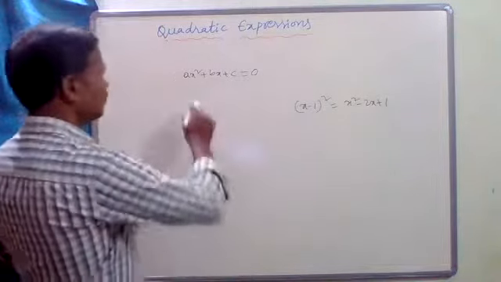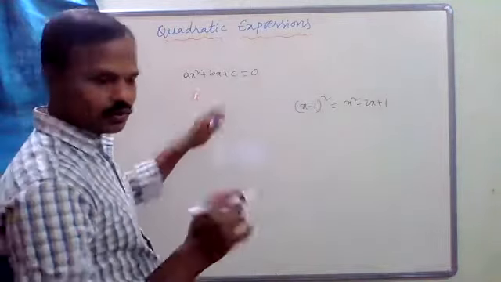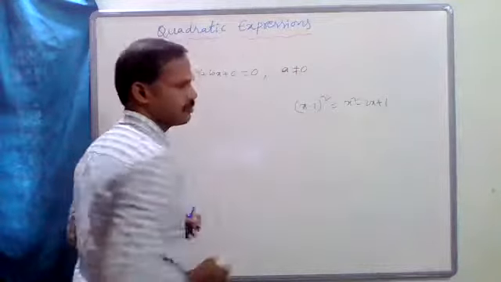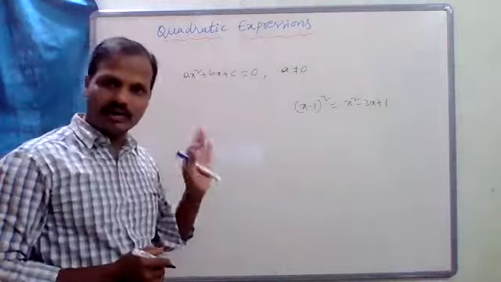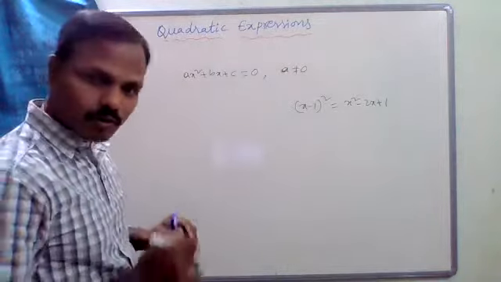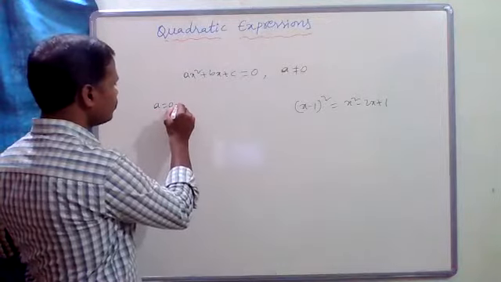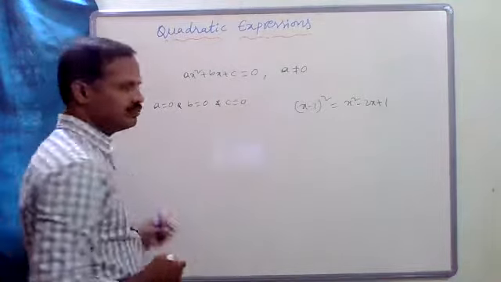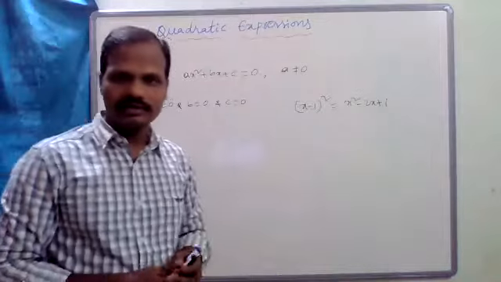Okay. So actually this has two roots. When a not equal to 0, then only it is a quadratic equation. If it has more than two roots, then a equal to 0, b equal to 0, and c equal to 0. Okay, clear?